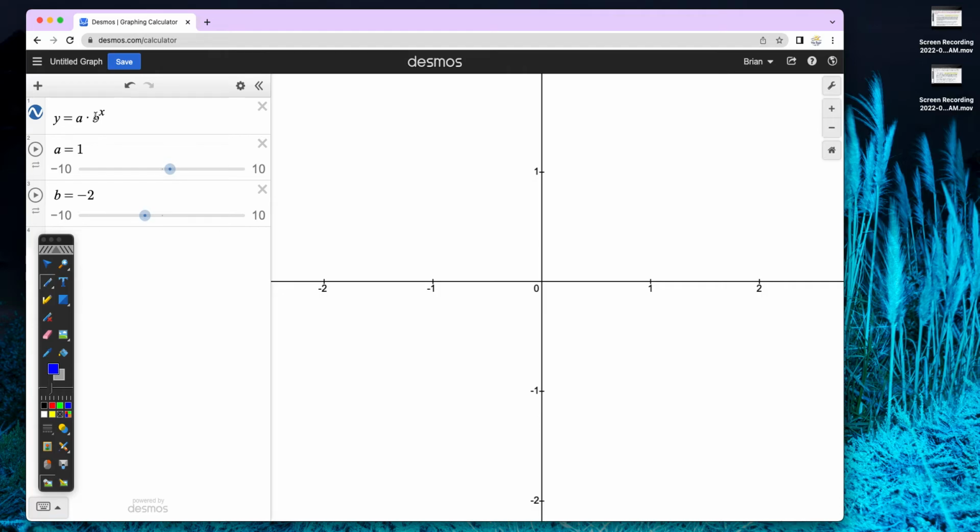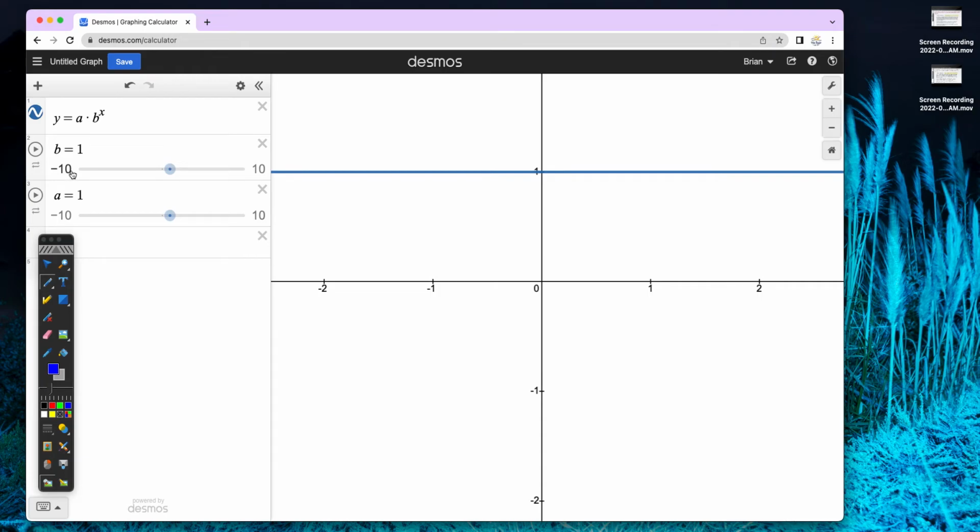And so that is not an exponential function as well. So for us, we're looking at a very specific set of b values today. We're looking for b values that are between 0 and 1 or greater than 1. Any of those b values will work, okay?